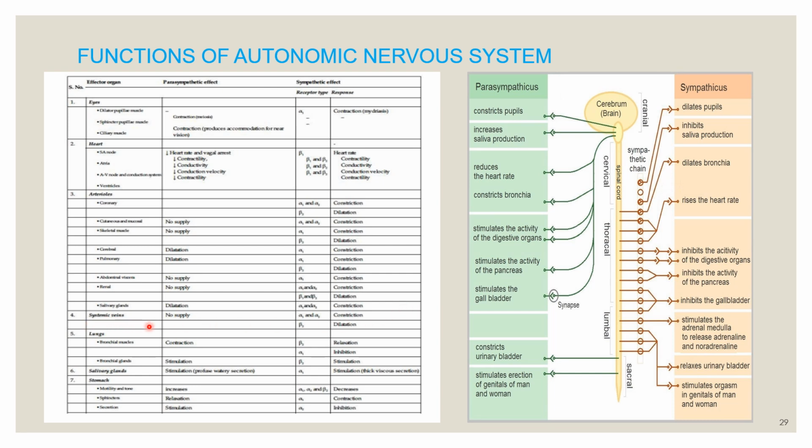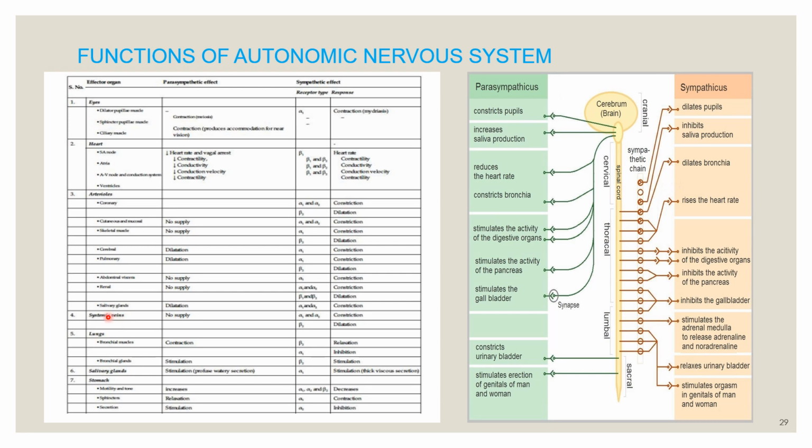Now coming to the systemic veins, there is no supply of the parasympathetic nervous system, whereas alpha 1 and alpha 2 lead to constriction, and beta 2 causes dilatation of the systemic veins.